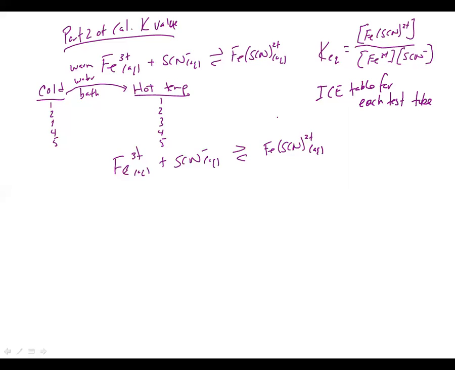So for each of these test tubes that you start with, you will have an initial concentration of iron 3 and thiocyanate. Remember that when you're figuring out the initial concentrations of the experiment, you want the concentration of these in the test tube, which means you need to do, much like you did before, a M1V1 = M2V2 calculation, since you are doing some dilution as you're adding nitric acid and other stuff to the test tube.